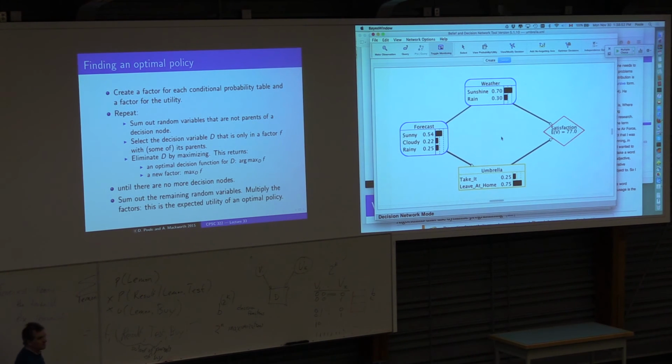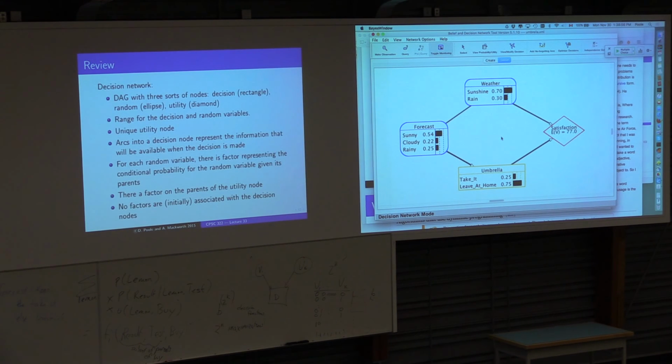What do the arcs into the decision node mean? Initially it's 77. So this means that when we decide the umbrella, we're going to know the weather and the forecast when we take the umbrella.